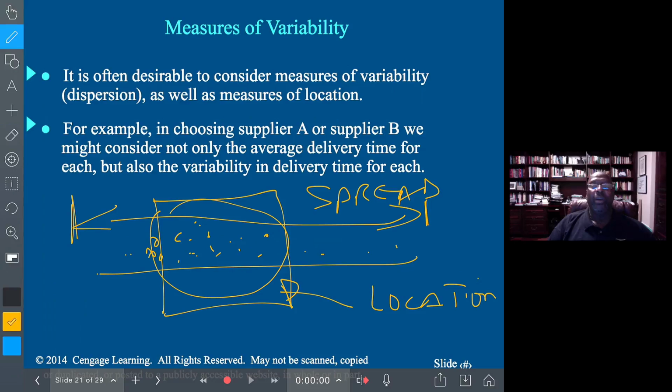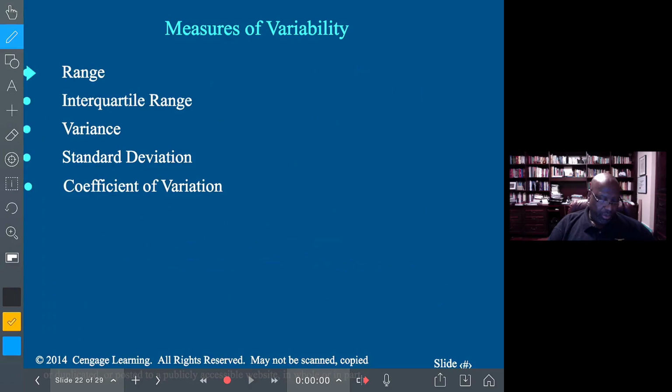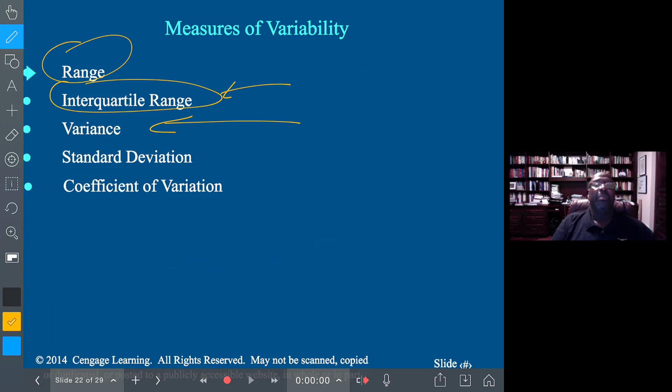So we want to find ways to measure variability in the data, and we're going to go for a couple of measures. One is the range, and another is the interquartile range, which we can calculate once we find the quartiles. There's also a measure called variance, and standard deviation, which is related to the variance, and a relative measure called coefficient of variation. We'll start with those.